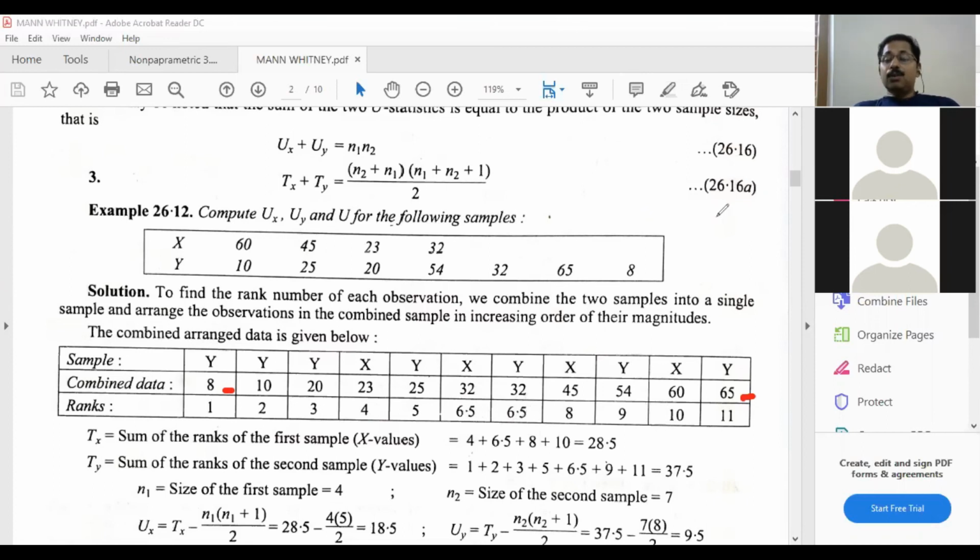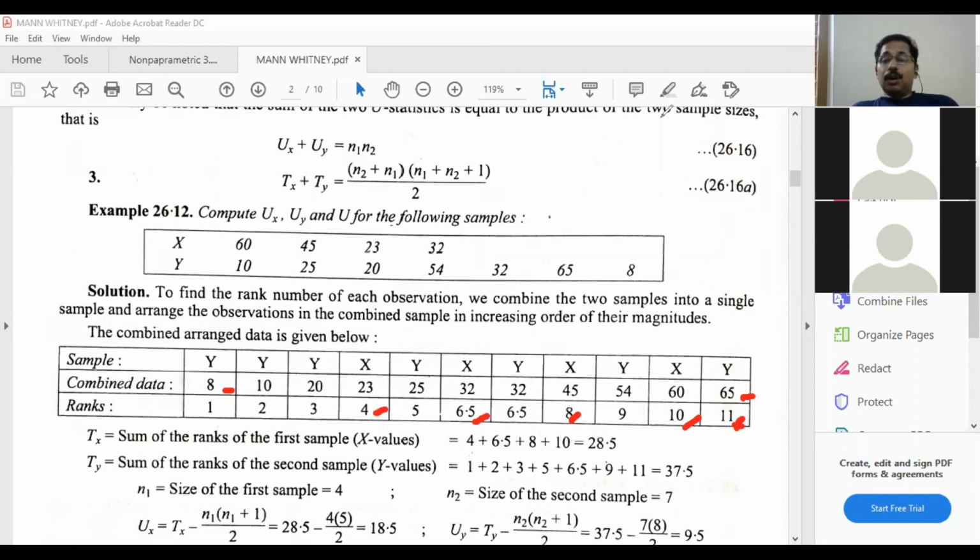Now go to the next step. You have to find Tx and Ty. Tx means the sum of the ranks of the first sample. So for the X sample, you add its ranks. Here it is 4, then 6.5, 8, 10, only up to 10.